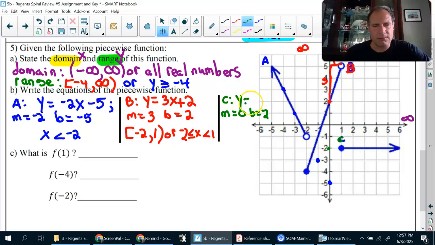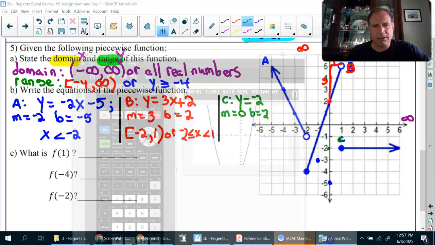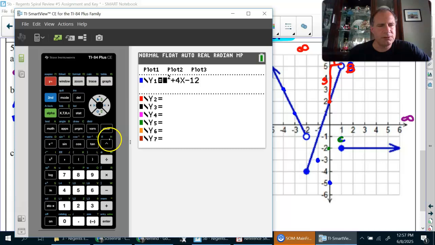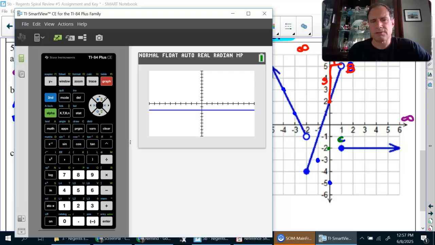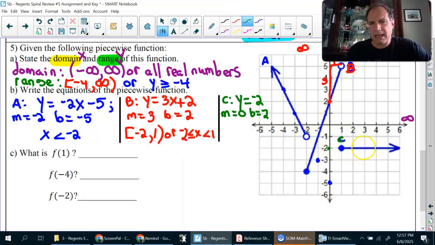It's y equals -2. And you could just put that in the calculator. If you put y equals -2 and you graph it, it is a horizontal line. Horizontal lines have a 0 slope, and -2 is what all of the y coordinates are along that line. This is 1, -2. This is 2, -2. 3, -2. It just continues on forever like that.